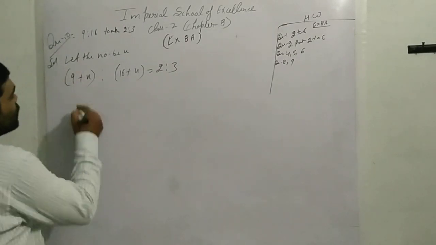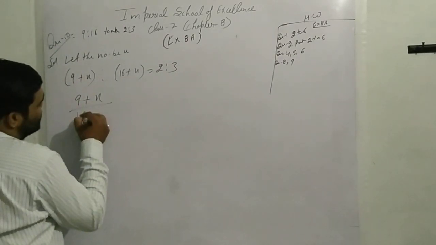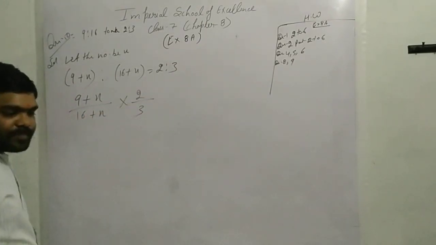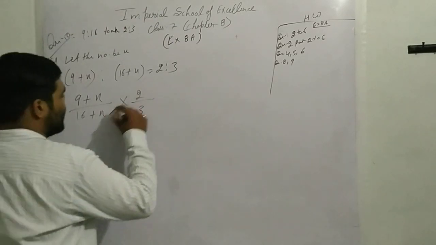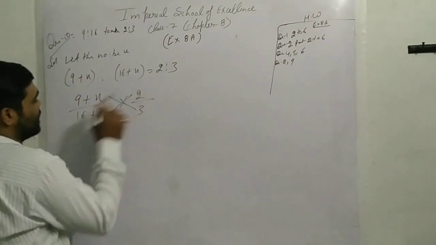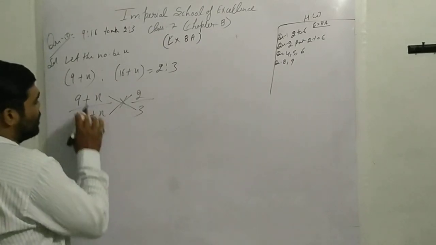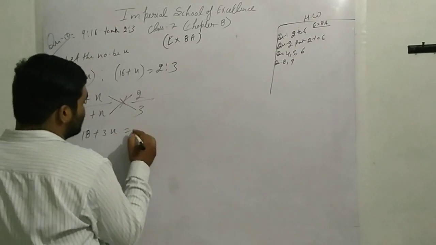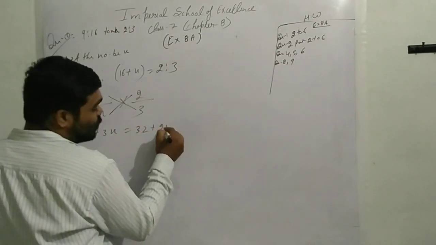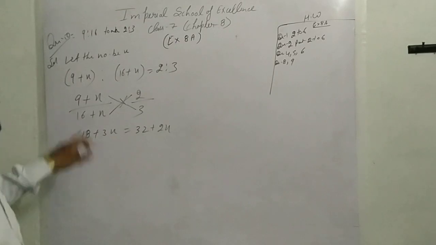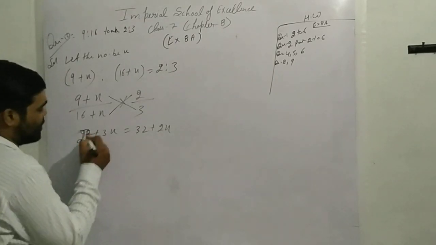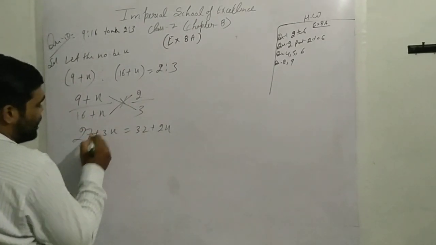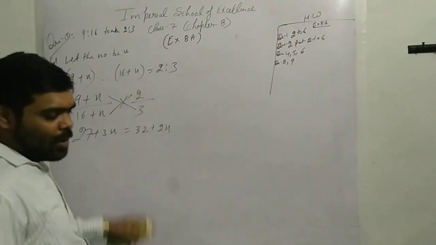Now what you have to do, 9 plus x upon 16 plus x equals 2 upon 3. You have to do the cross multiplication like this, 3 from this and 2 from this. 27 plus 3x equals 32 plus 2x.